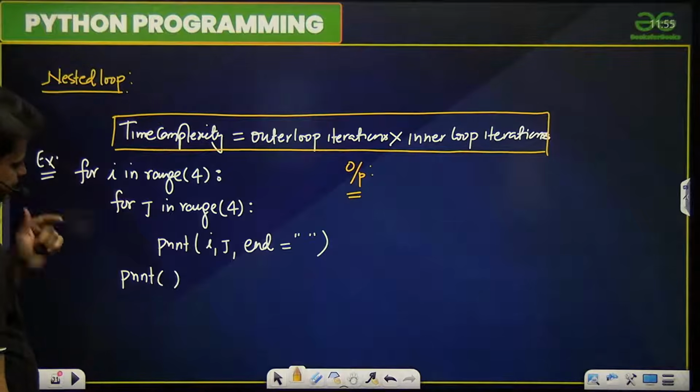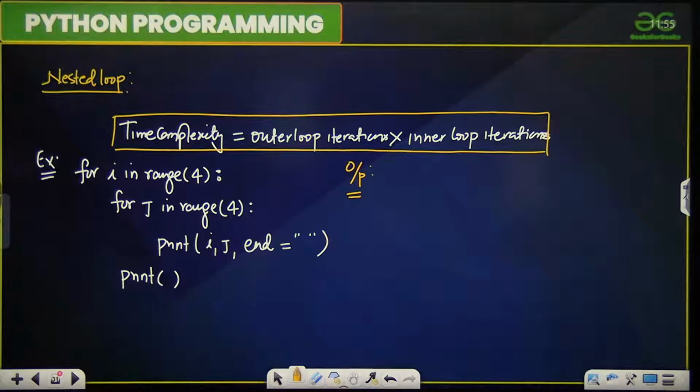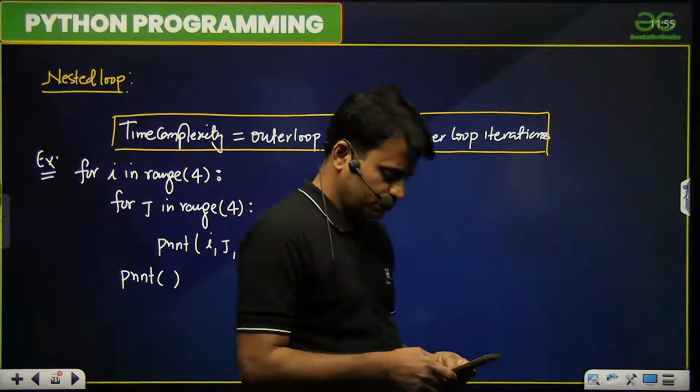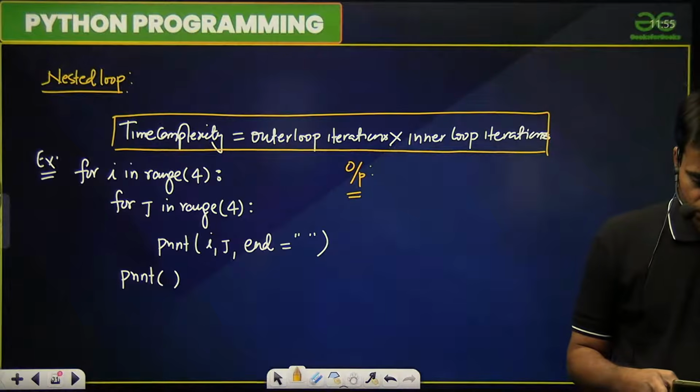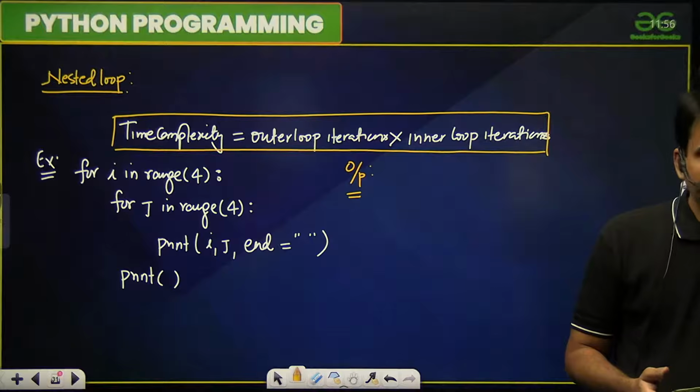Okay, so I'm printing this one. So what does it print? Everyone reply, answer, output.